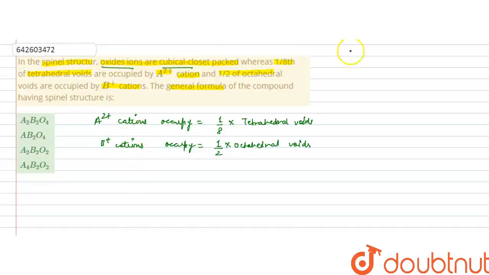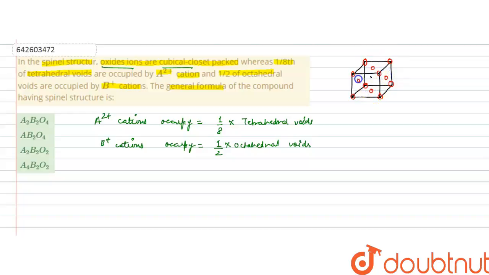So in FCC structure, the atoms are present at the corners. Like if we draw a unit cell of the FCC, the atoms are present at the corners, as there are 8 corners in a unit cell, so 8 atoms are present at the corners and at each face center.